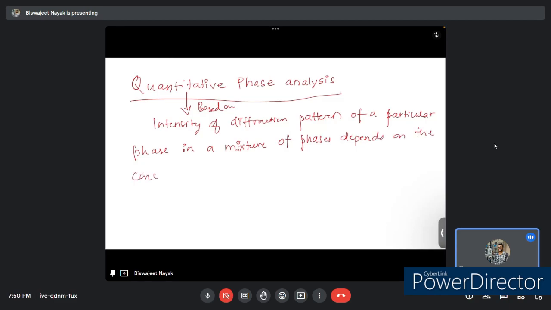The relation between intensity and concentration is not generally linear. Why? Because the diffracted intensity depends on the absorption coefficient of the mixture, and this varies with the concentration.